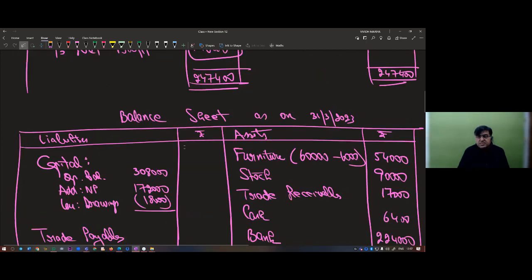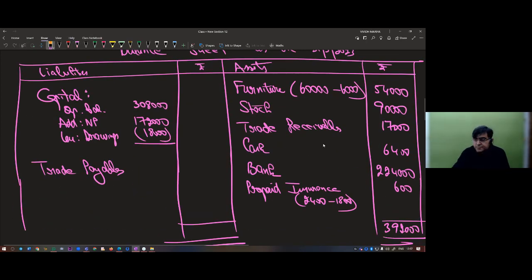The bank balance is 329. The total will be 392 plus 105, which is 497. 308 plus 172 minus 18,000 is 462.